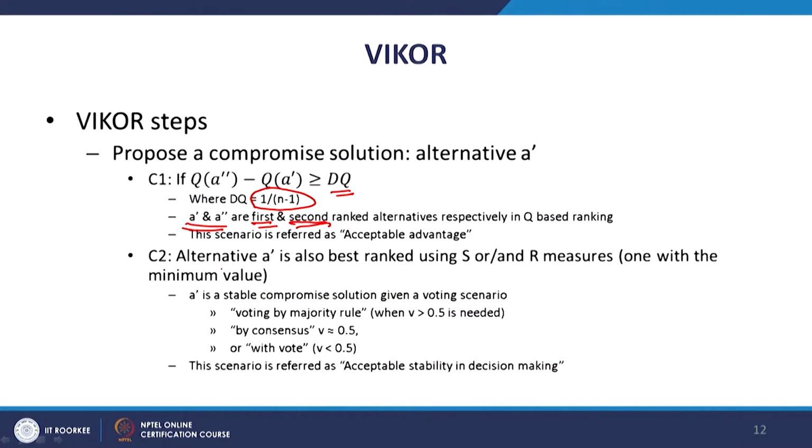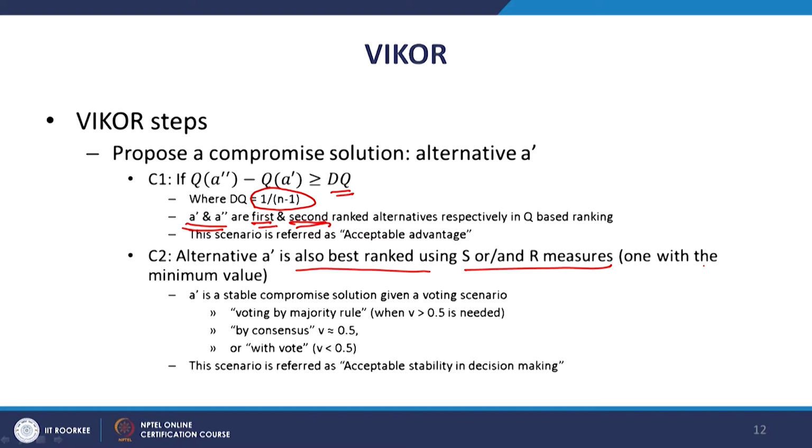Our second condition should also be satisfied. What is this second condition C2 about? Here the alternative A dash should also be ranked best using the S and R measures. For S and R measures, the ranking is also based on identifying the alternative with the minimum value.